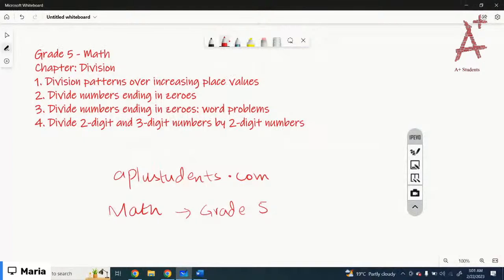We're going to start with the chapter division, and the lessons we're going to start with are division patterns over increasing place values, divide numbers ending in zeros, divide numbers ending in zeros word problems, and divide 2-digit and 3-digit numbers by 2-digit numbers.